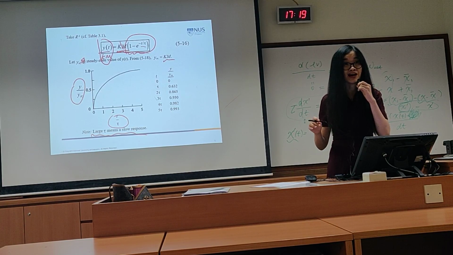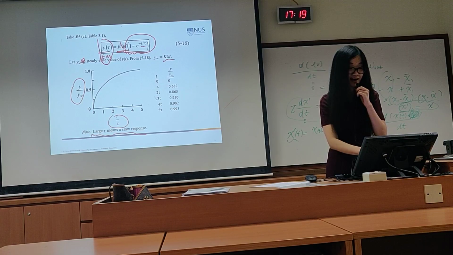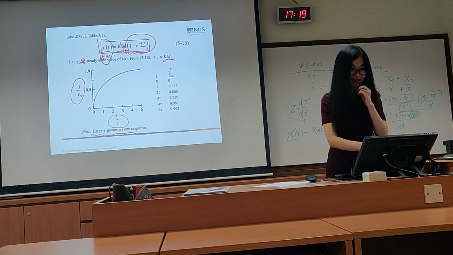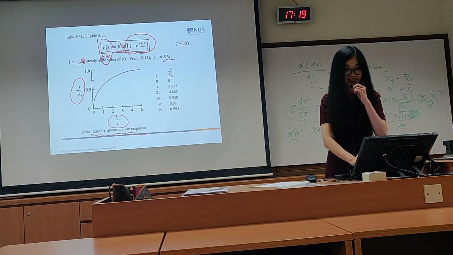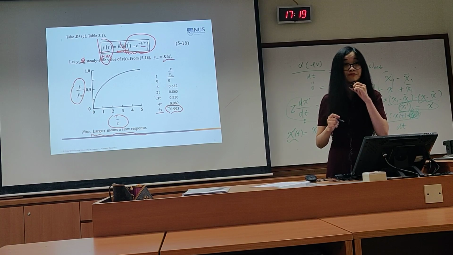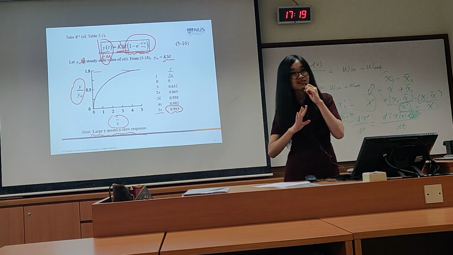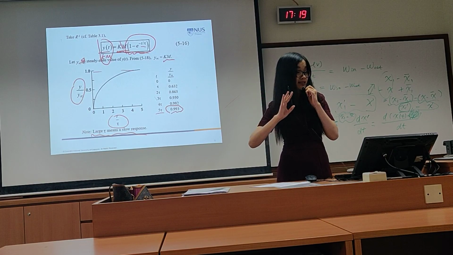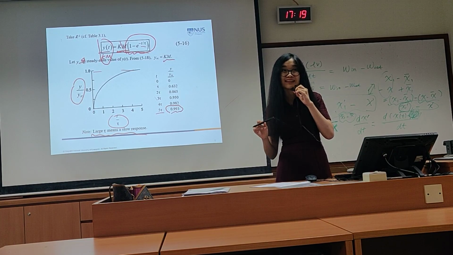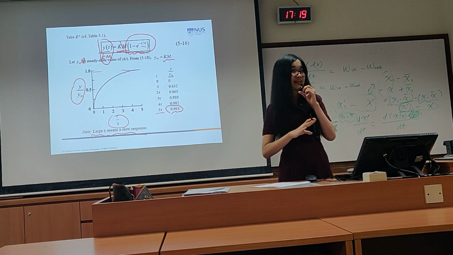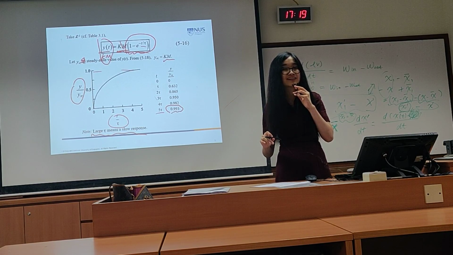But if tau is very fast, 1 second, then my 5 is 5 seconds. But within 5 tau time, our system is able to reach, at 5 tau, y over y infinity of almost 0.99. So this tau actually shows how fast your system is reaching the steady state y infinity. Okay, so these are the basic concepts we discussed earlier.